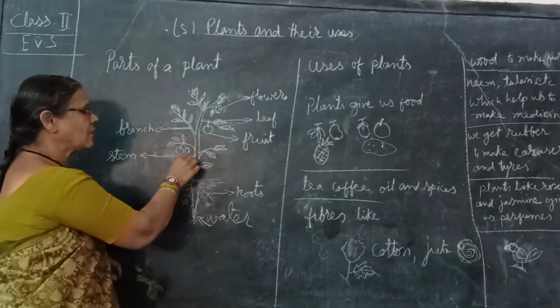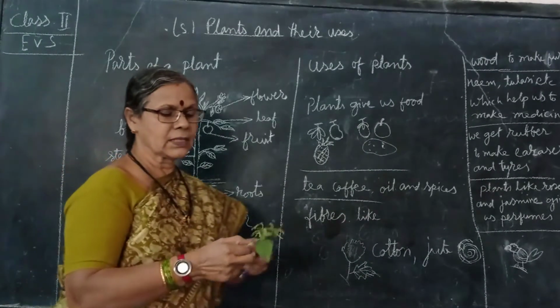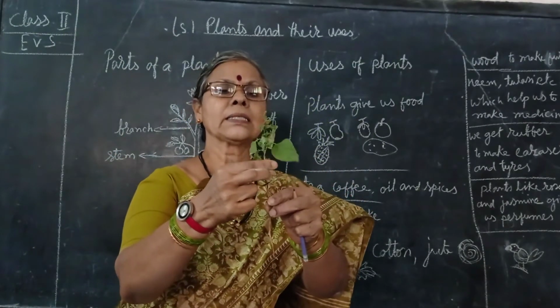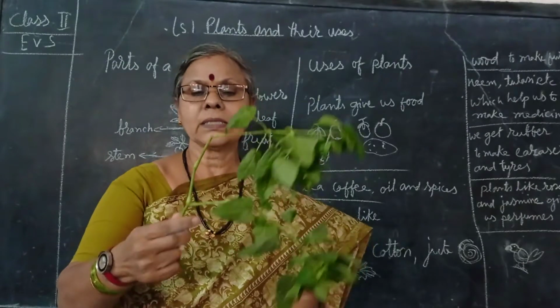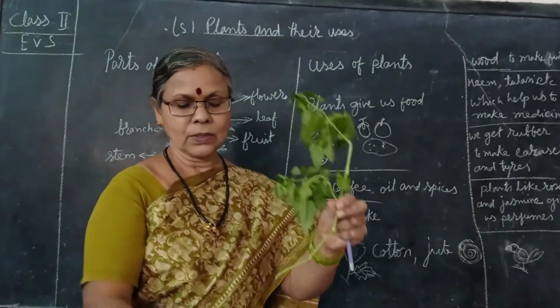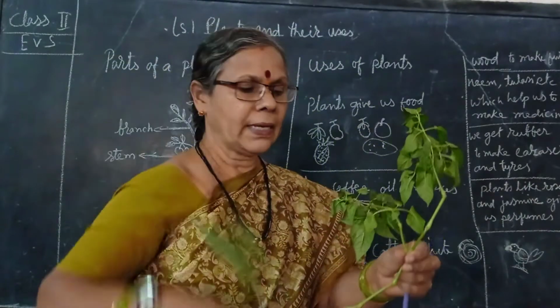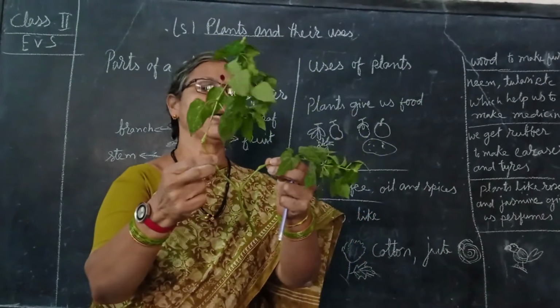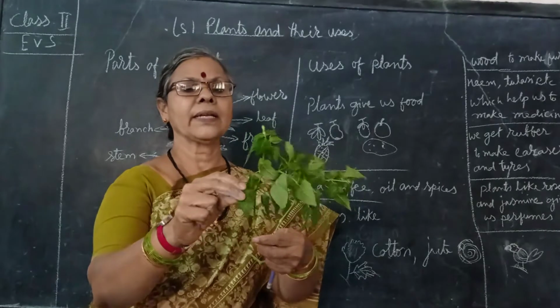And what is the function of the stem? This is the root and this is the stem. See, this is the stem, you can see. The root I have shown you here, and the stem. These are the stem and these are the branches. You can see the leaves are green in color.